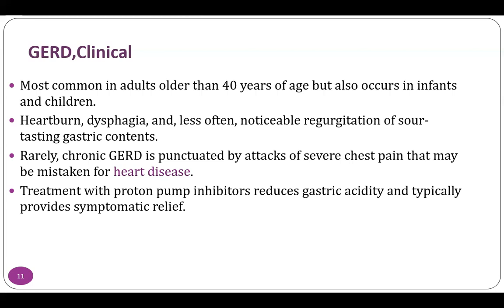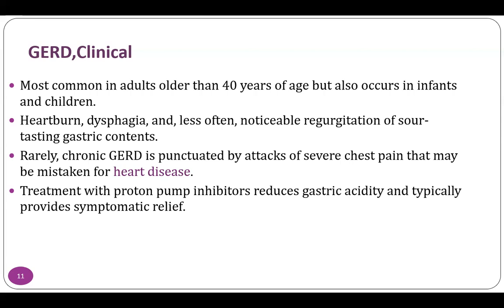Keep in mind that acute attacks of reflux disease are very similar to myocardial infarction, causing severe chest pain sometimes. So keep it as a differential diagnosis of acute myocardial infarction.